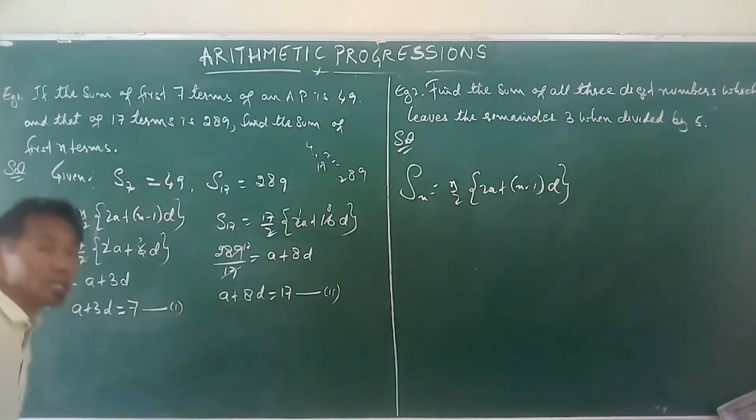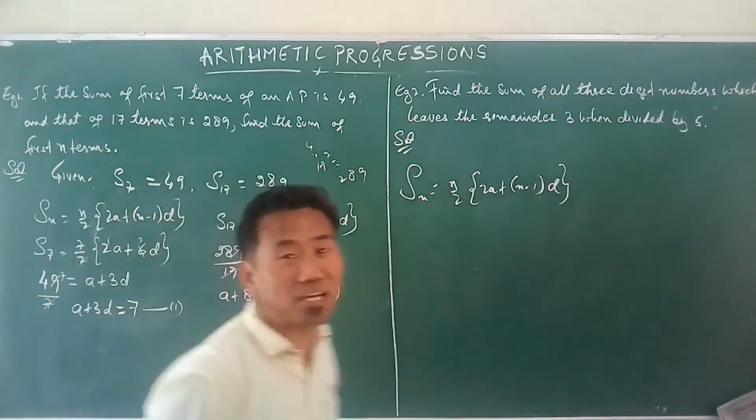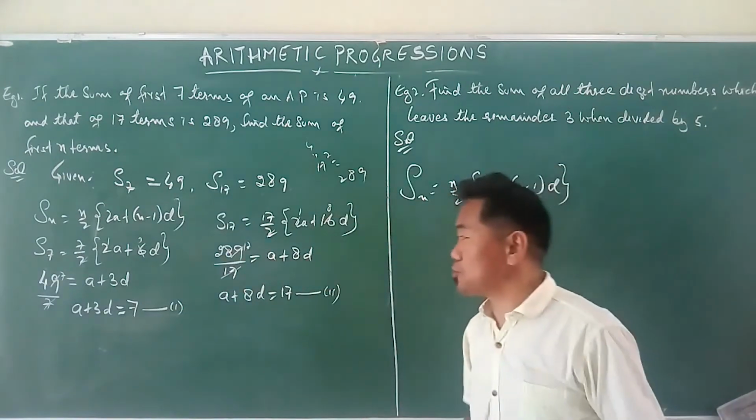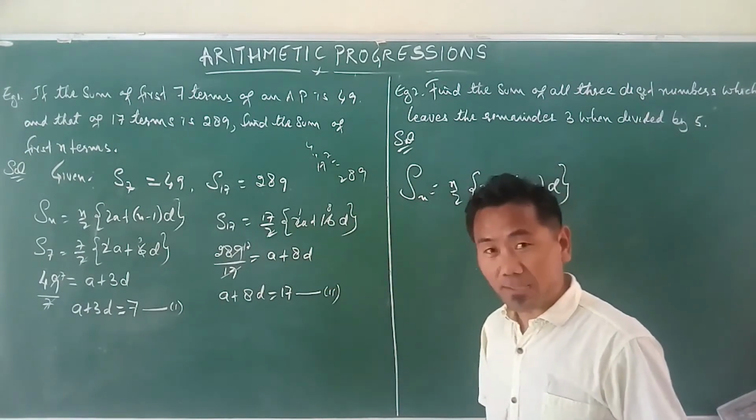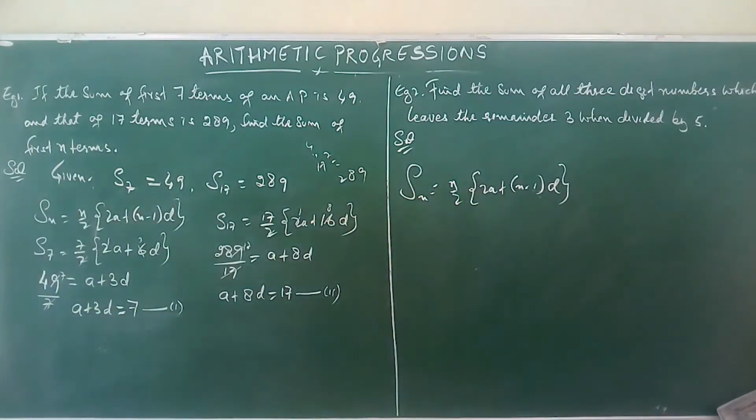Now comparing these two equations, we have a linear equation in two variables, as we already did in this chapter. So by equating the coefficients it is much easier. Take here a plus 8d, which is equal to 17. Since the coefficients of a and a are the same, 1 and 1, the variable is a, and here is d. It becomes a two-variable problem.